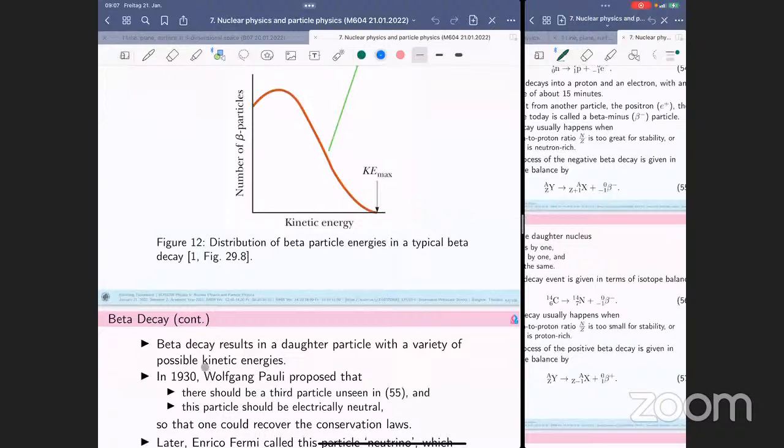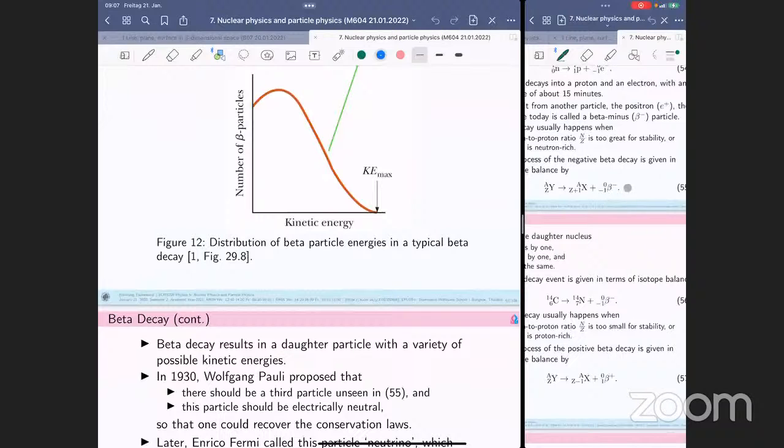Okay, and Wolfgang Pauli said there should be another particle on the right-hand side, apart from the electron or the beta particle. This particle should be electrically neutral, because we have already seen the balance of the charge between the left side and the right side. The proton is created and the electron is created, so they cancel each other in terms of electric charge.